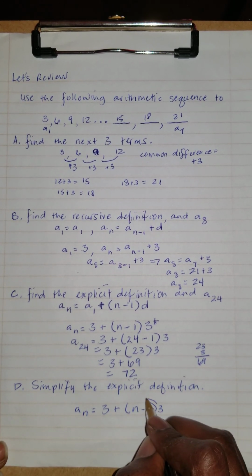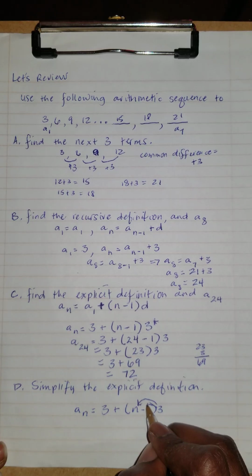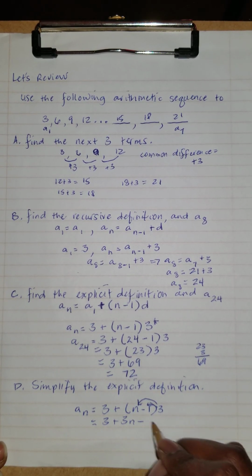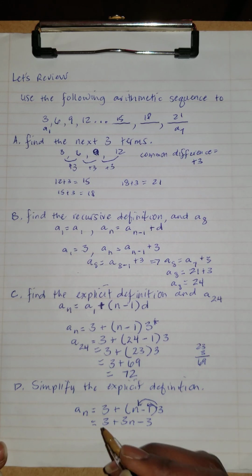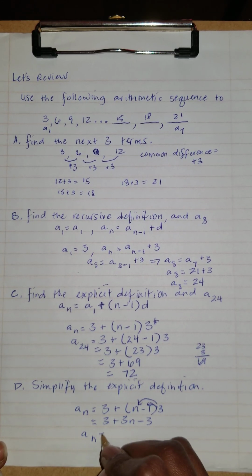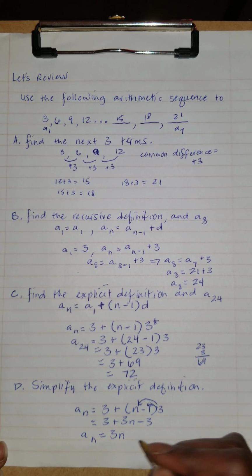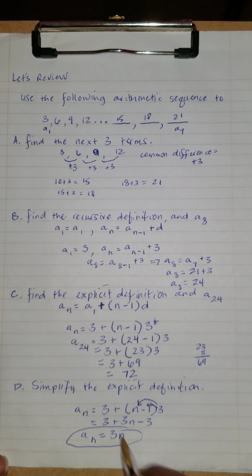We're going to use the distributive property in the next step. So A sub n equals 3 plus 3n minus 3, and then we're going to combine those like terms. A sub n is going to equal 3n again because there's only one value that has n, one variable, and then 3 minus 3 equals 0, so this becomes our simplified equation, and hopefully that's what you got for your warm-up.